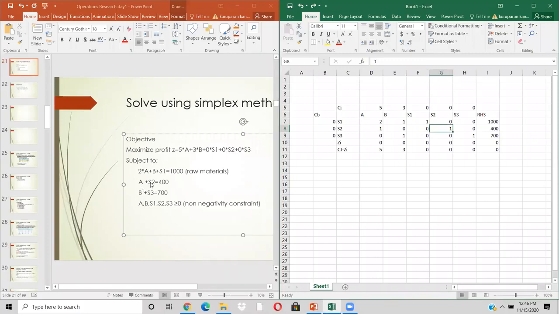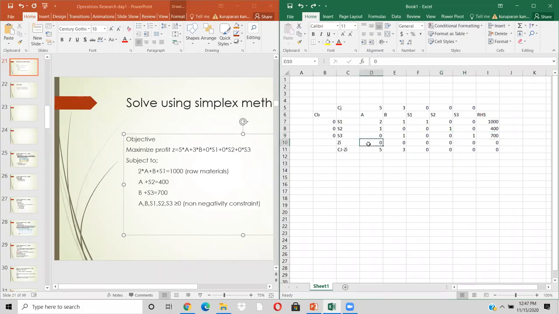S2 is 1 and S3 is not there, and the right hand side will be 400. Similarly, for the third constraint, what is the coefficient of A in this constraint? That's 0. B is 1. S1 is 0 and S2 is 0. S3 is 1. The right hand side value is 700.